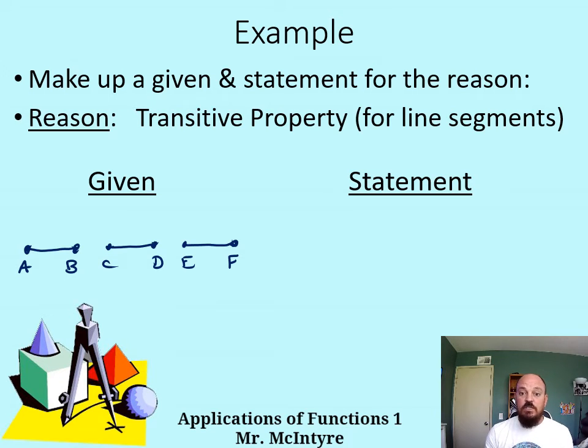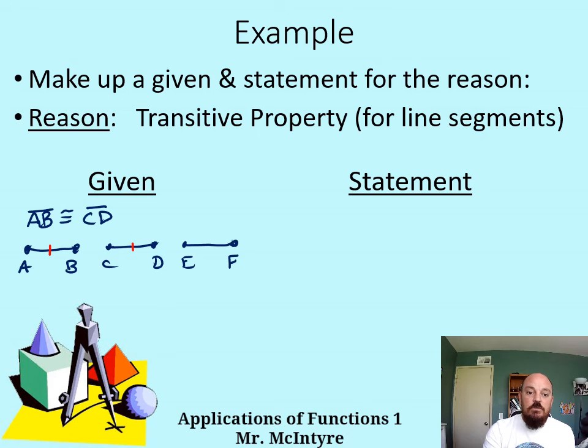See, I need a little bit more given information here. So in my given statement, I'm going to say line segment AB is congruent, which means equal, to line segment CD. And I'm going to mark that on the picture. One little marker like this shows that line segments are equal.